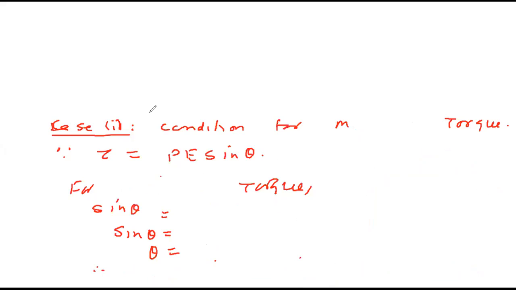Condition for minimum torque, case 2. Since torque is P E sine theta, for minimum torque sine theta should be 0.